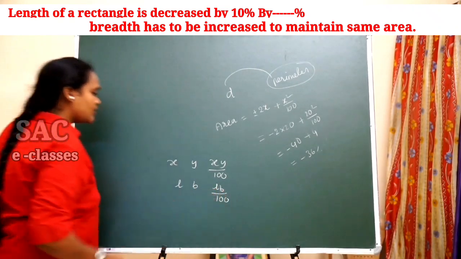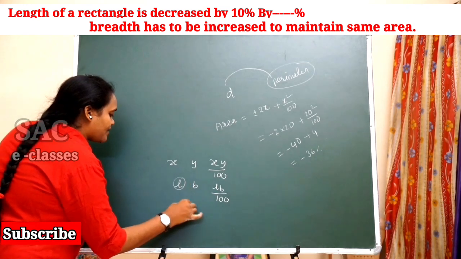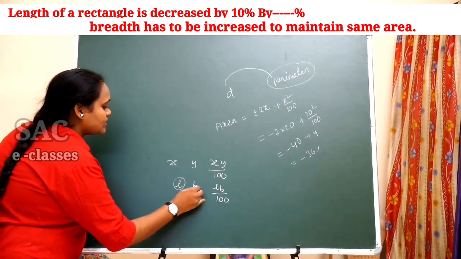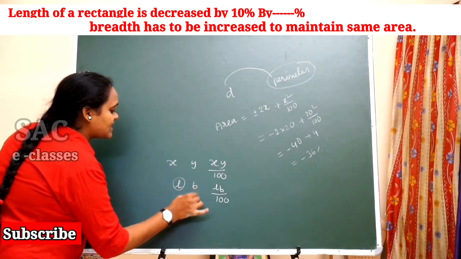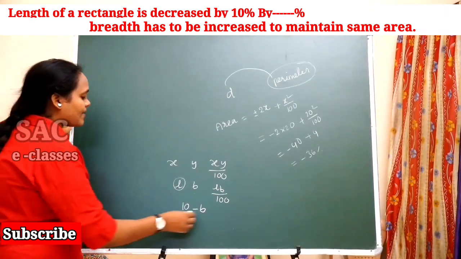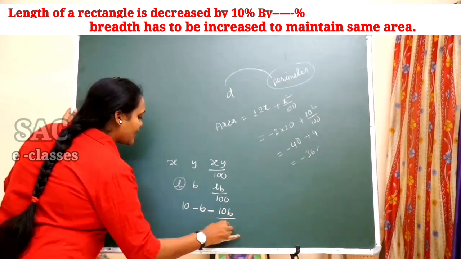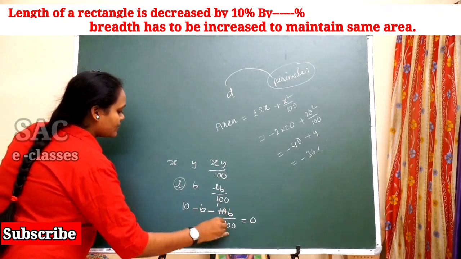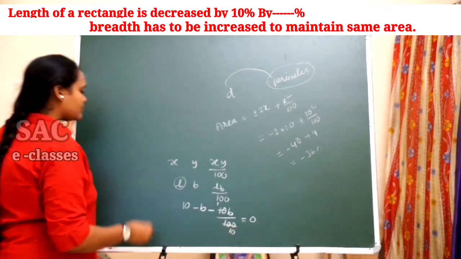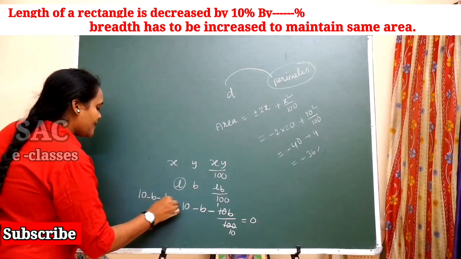What happened? Length was increased by 10%, so plus 10. Is the breadth decreasing or increasing? Decreasing to maintain the same area, minus b. Minus 10b by 100 is equal to 0.